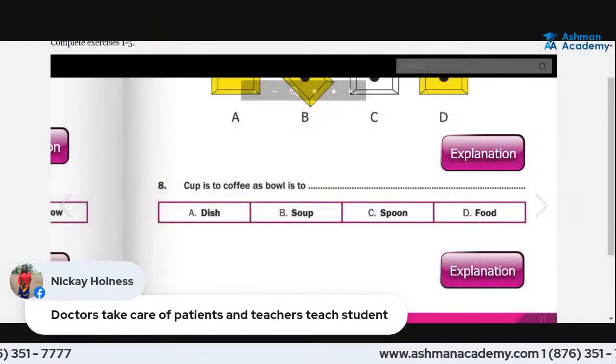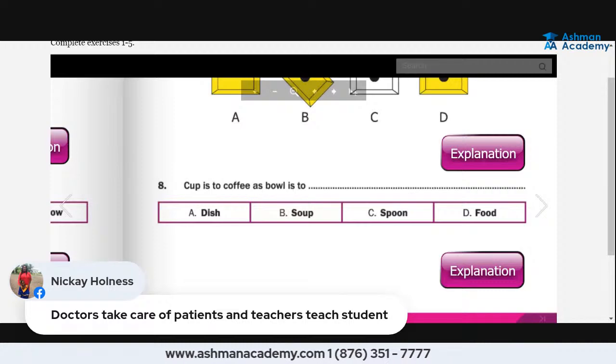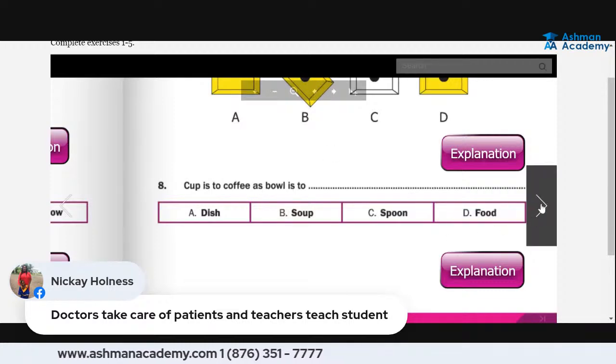All right, so Nikki is saying doctors take care of patients and teachers teach students. Very good, guys. That's what I'm looking for. Okay, good job, guys. Let's go back to the book. And guys, we're stopping in a minute because we're going to half an hour.